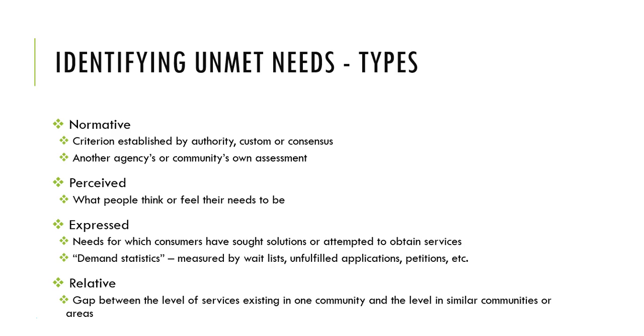And then a relative need is the gap between the level of services that exist in one community and the level of those services in similar communities or geographic areas.